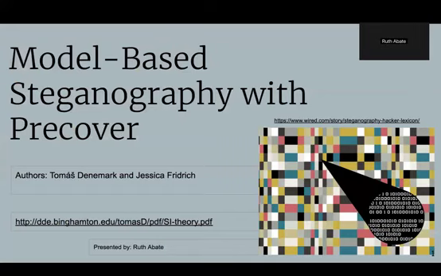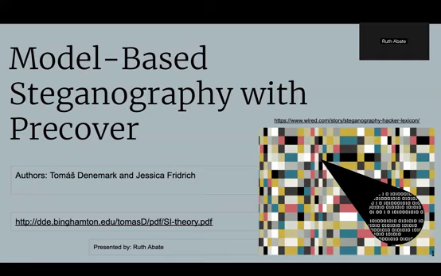The research paper I'm going to present is Model-Based Steganography with Precover. This research paper discusses a theory-driven approach to model-based steganography, a method of hiding information within a digital image in a way that's more secure than traditional approaches.